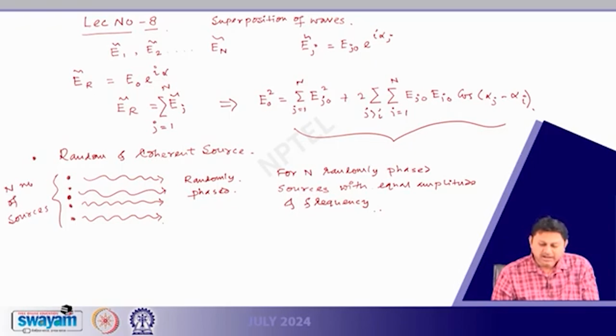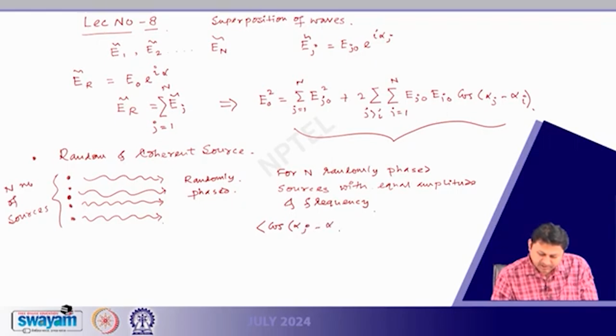In that case, the average value of the quantity cos of alpha j minus alpha i should be 0, because this value will vary from -1 to 1, and since their phase relationship is random, the argument of the cos will change in a random manner.